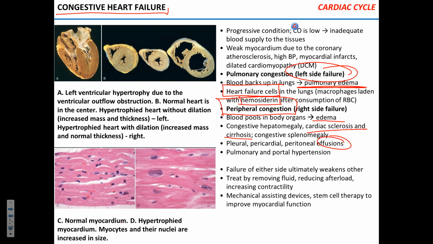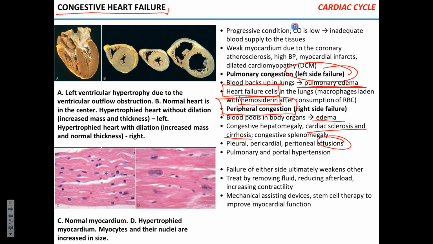And if you have systemic congestion, then that extra fluid will get into the pleural cavity. Okay? And hypertension. Pulmonary hypertension and portal hypertension, which is really hard to treat. Okay? Does that make sense?